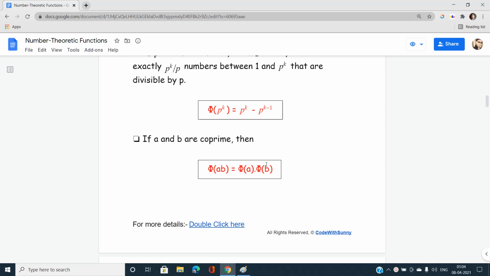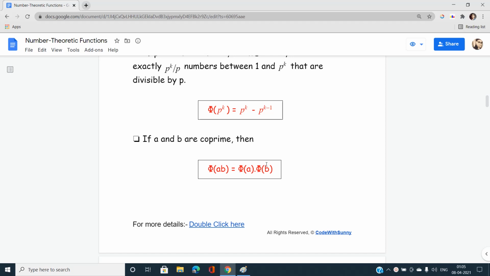So for now you can just memorize this relation, that is, Euler's Totient function of two numbers multiplied, A into B, where A and B are co-prime, that is phi AB equals phi A into phi B.